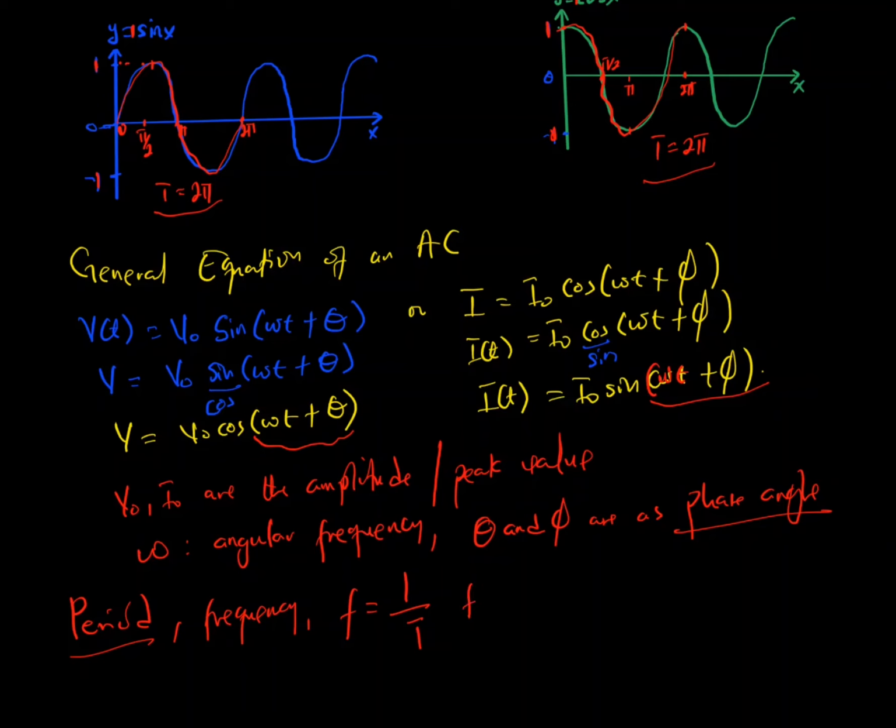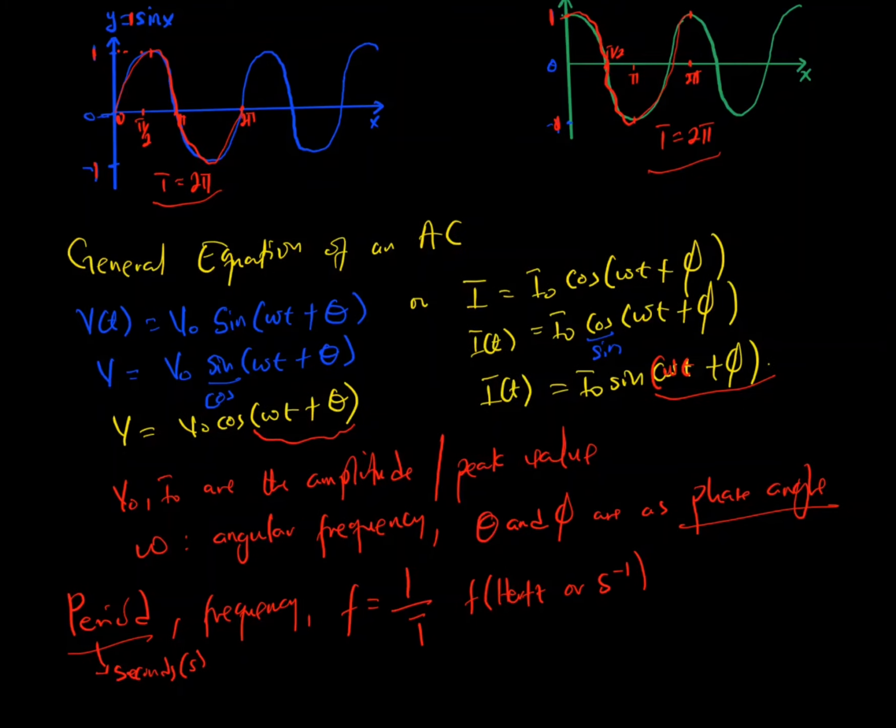Frequency is in hertz, or per second, and period is in seconds. In terms of angular frequency, omega is 2 pi F.